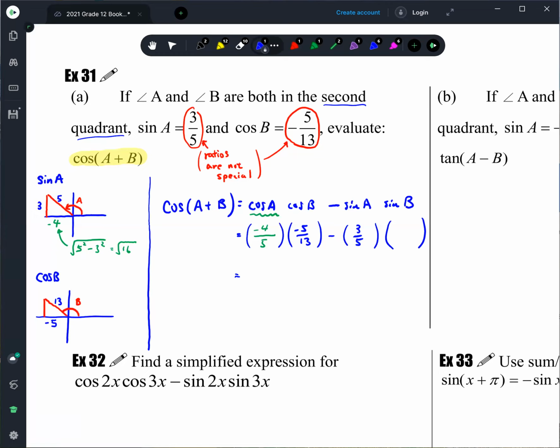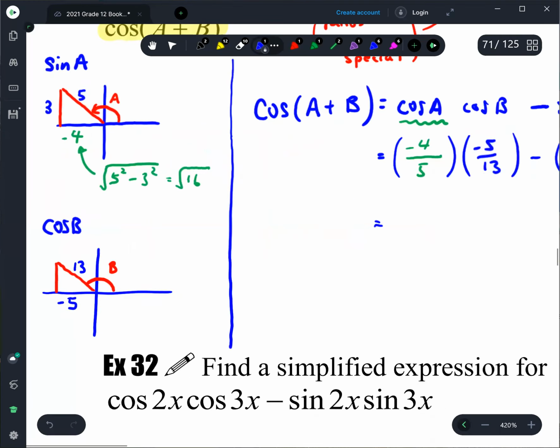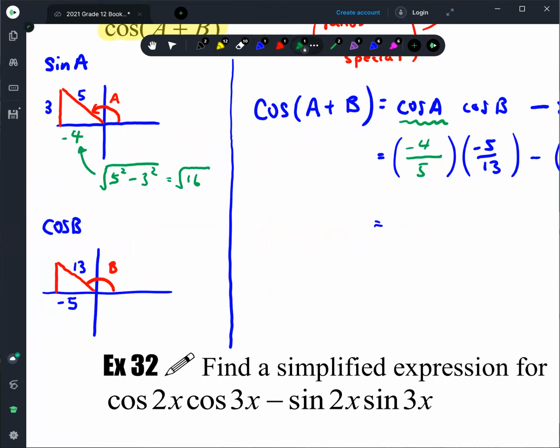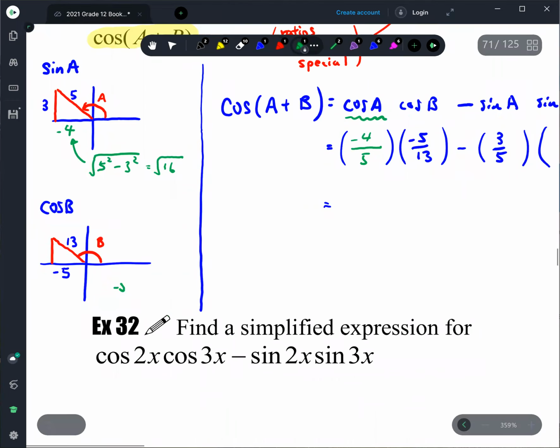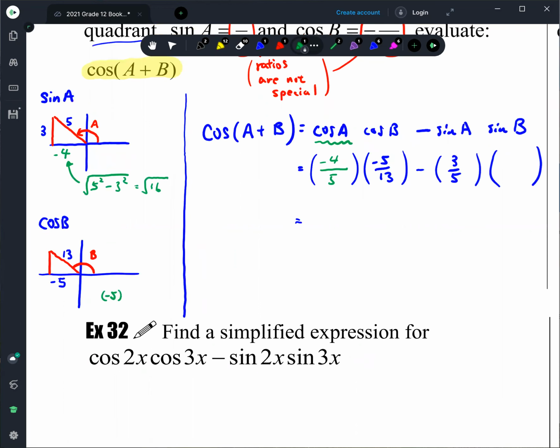I don't think I did it right, but I got 4/13. 4/13. Where did you get a 4? The Pythagorean theorem. Okay, can you show us how you did the Pythagoras? -5 squared plus b squared equals 13 squared. Okay, hold on, let me write it down. -5 square, and then, oh wait, sorry.